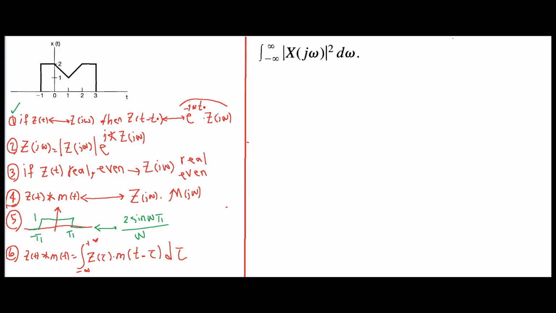The next part of the question asks us to calculate the integral of the magnitude of the Fourier transform squared. To compute this integral, we first remind that the integral of the magnitude of the Fourier transform squared is equal to 2π times the integral of the magnitude of x(t) squared.